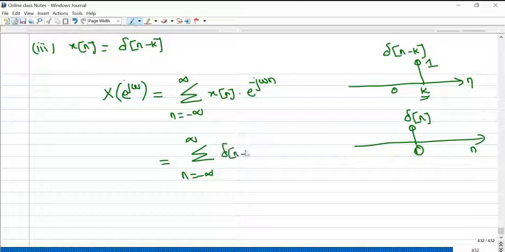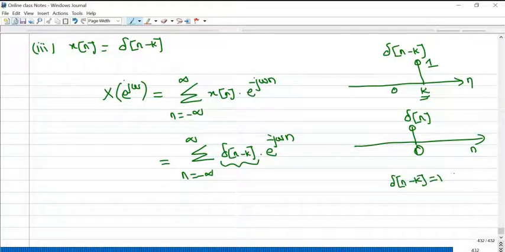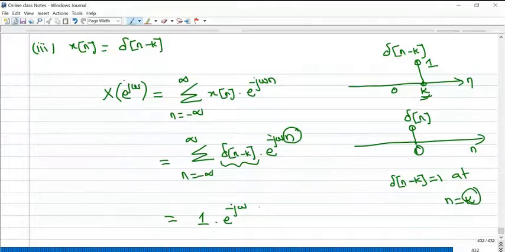So δ[n−k] e^(-jωn). This δ[n−k] equals 1 at n equal to k, correct? At n equal to k only this value. So the result is 1, and in the remaining term, wherever n is there, this n is replaced by k. So this is your result.